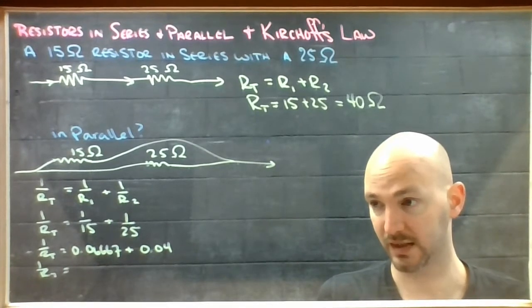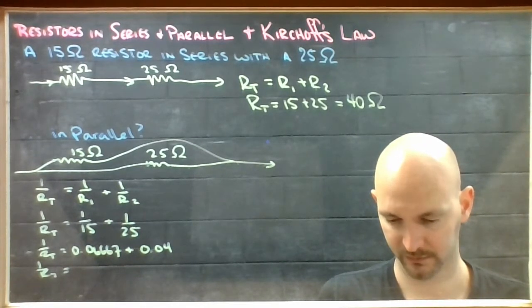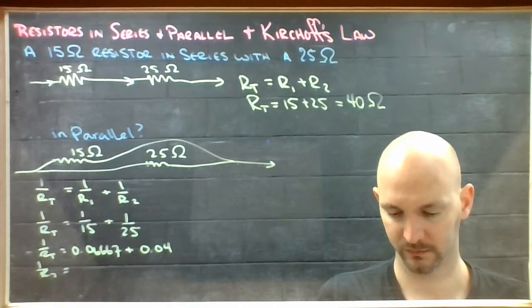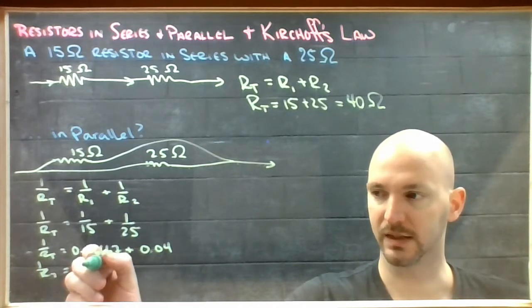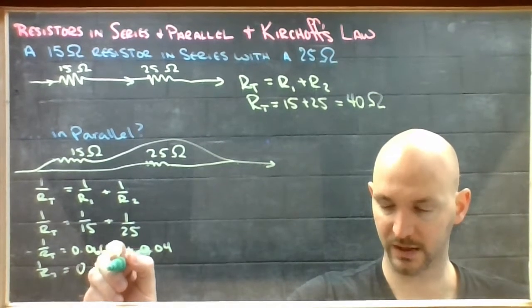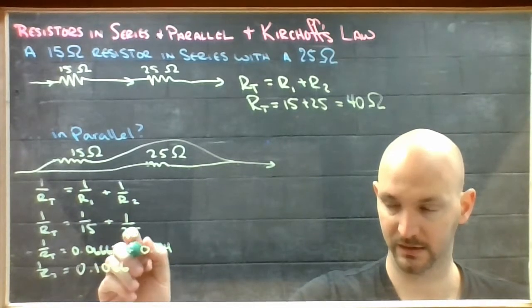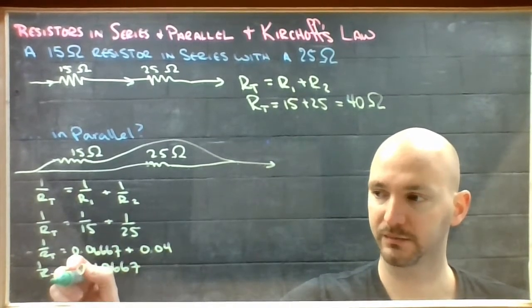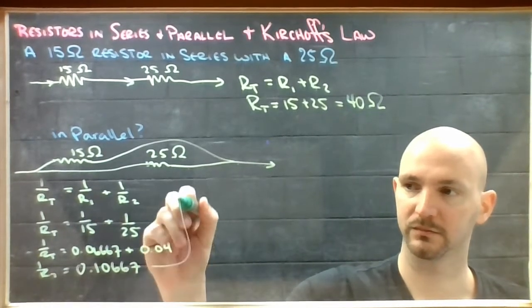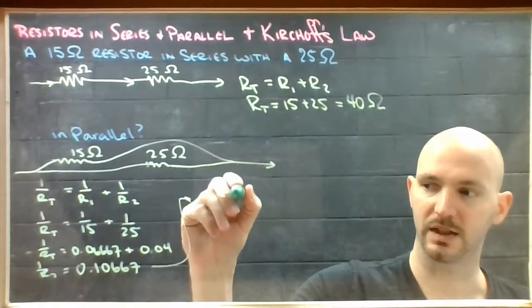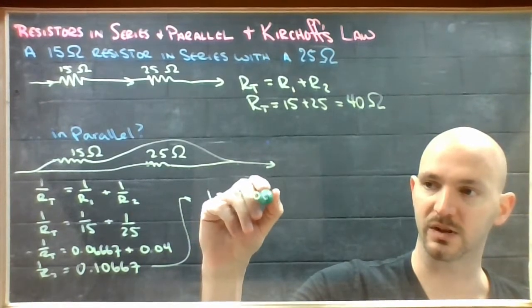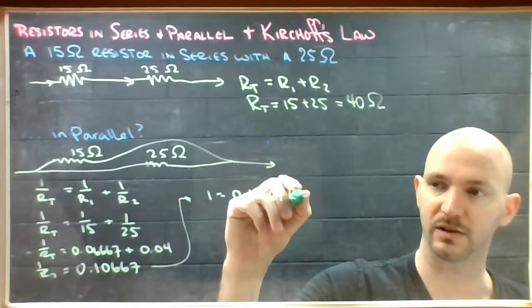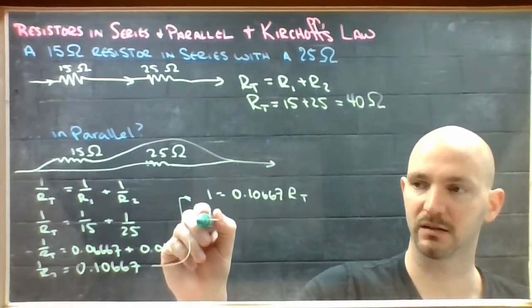Plus my 0.06667 is 0.10667. Pop this up here. 1 equals 0.10667 RT. This goes underneath.